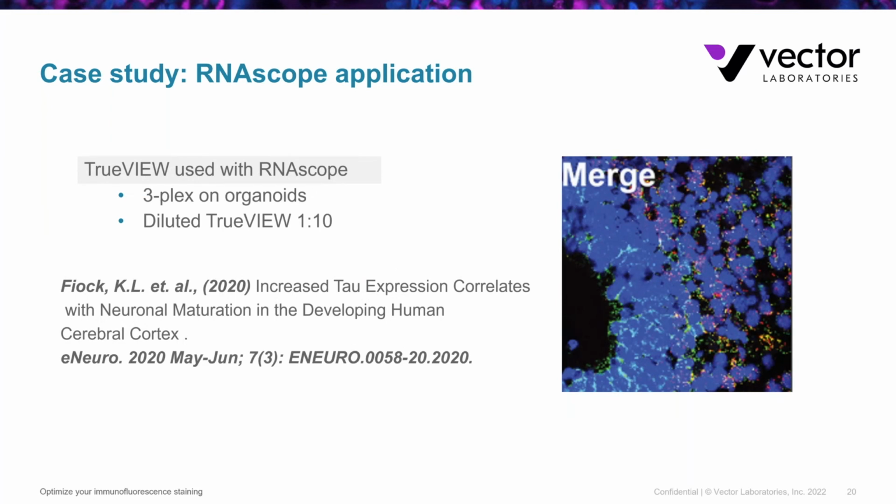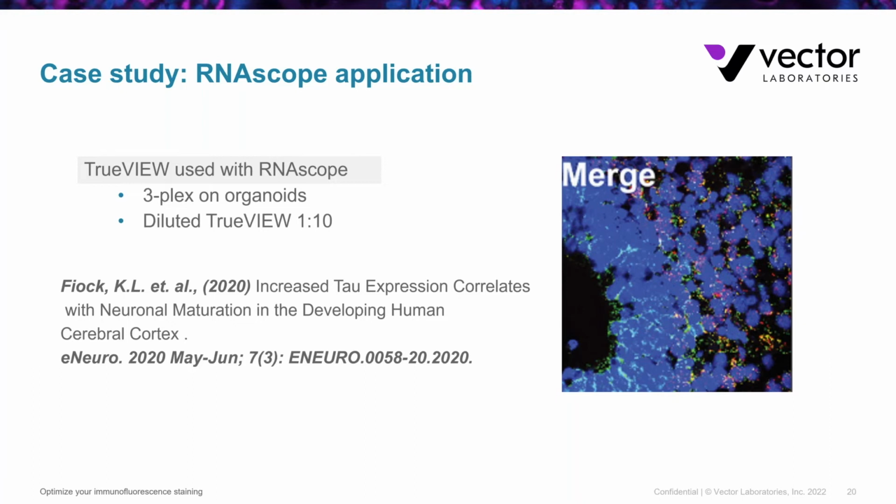RNAscope is a platform that is now under Bio-Techne from Advanced Cellular Diagnostics, and they did find background with that particular platform as well, and they used TrueView here on these particular organoids.